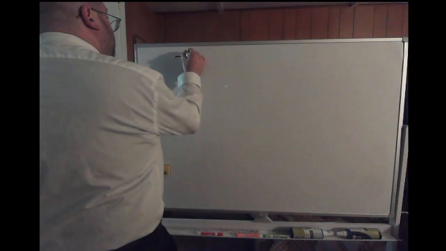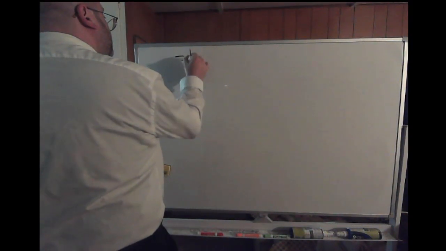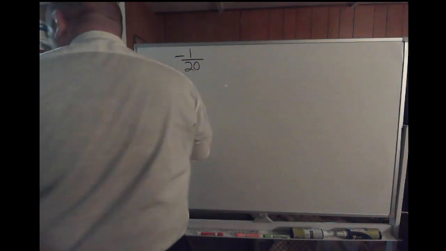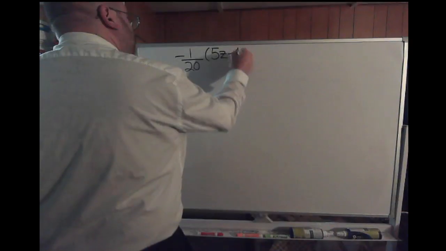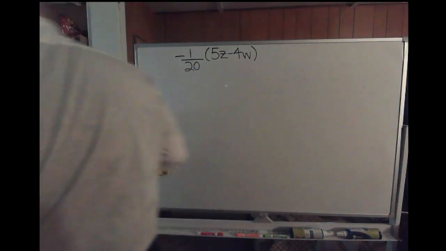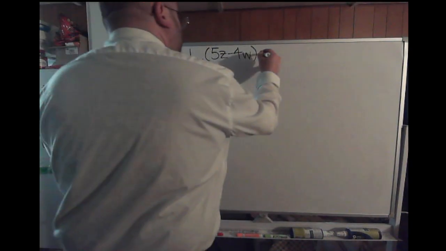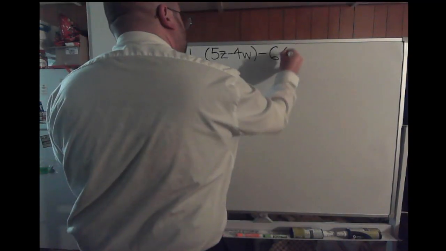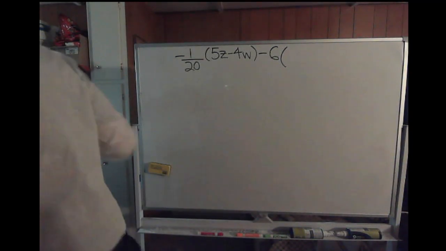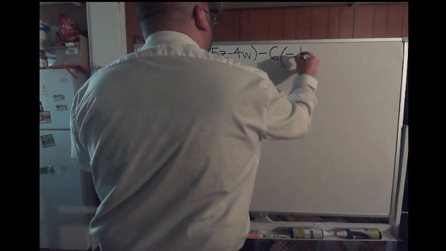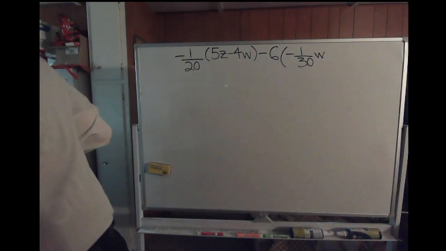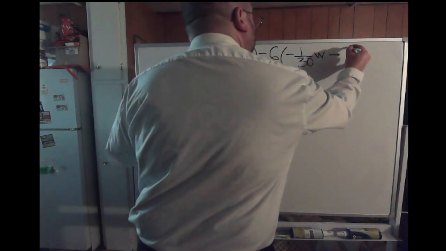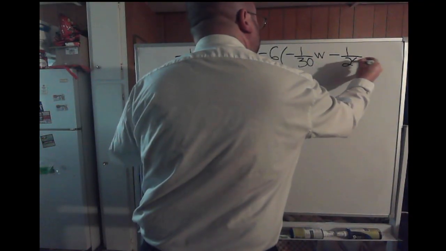All right, let's see. Negative 1/20 times 5z minus 4w minus 6 times the quantity of negative 1/30 w minus 1/24 z.